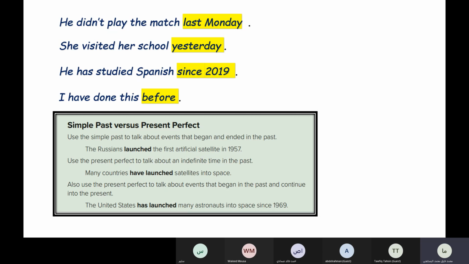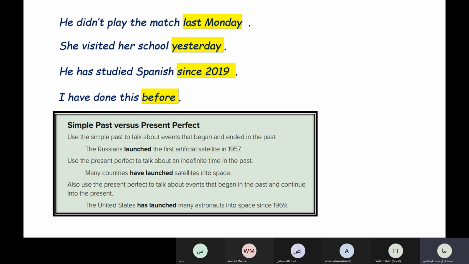Okay, who can read the next idea about the present perfect? Use the present perfect to talk about an event or action that was completed in the past. Good. We use the present perfect to talk about an indefinite time in the past. It means that we do not know when the action happened. Like the example here, he has visited Mecca many times.